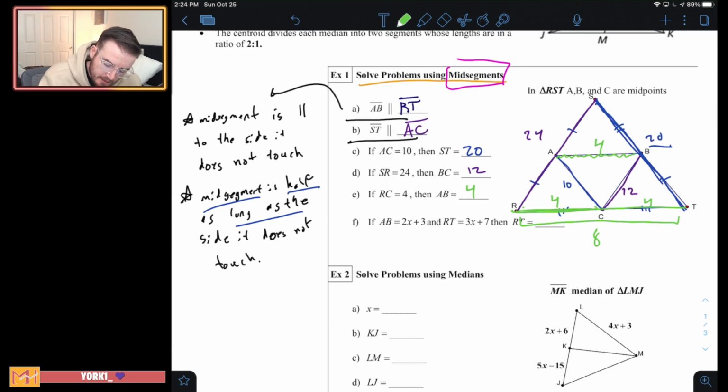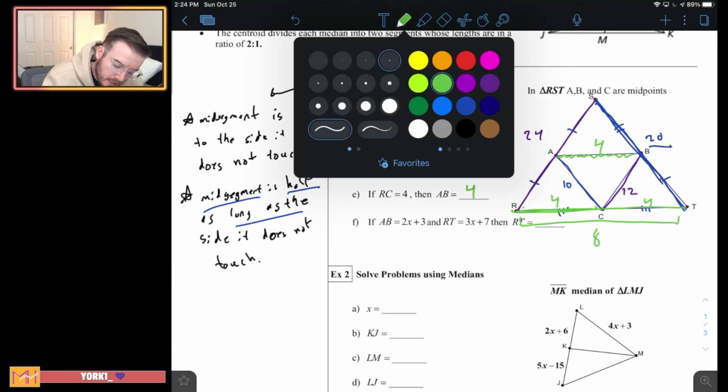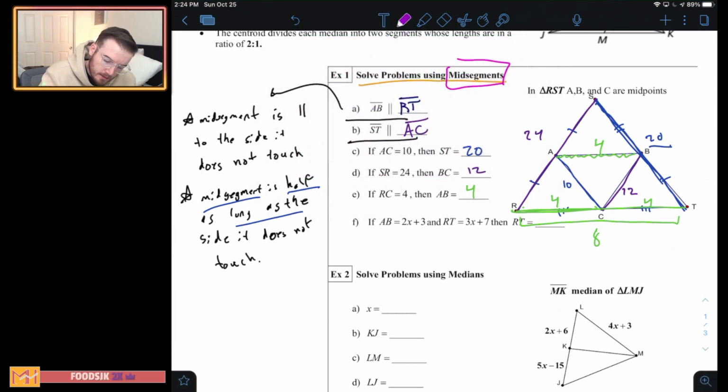And the last piece here, if AB is 2x plus 3, how long is RT? 3x plus 7. So we're pretending these numbers don't exist anymore, right? These are separate problems. So this is no longer 4, okay? That was the problem before it.